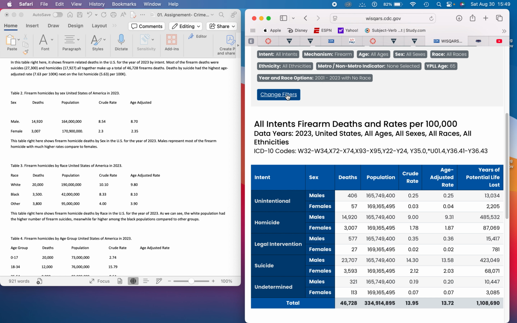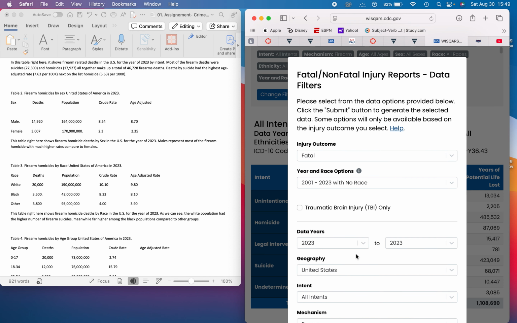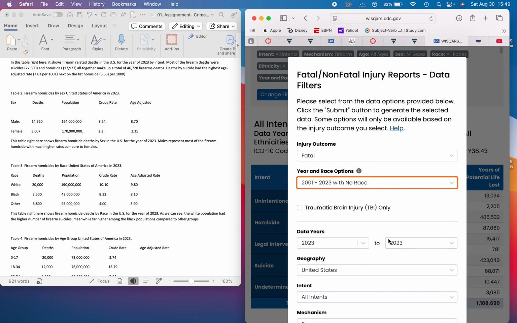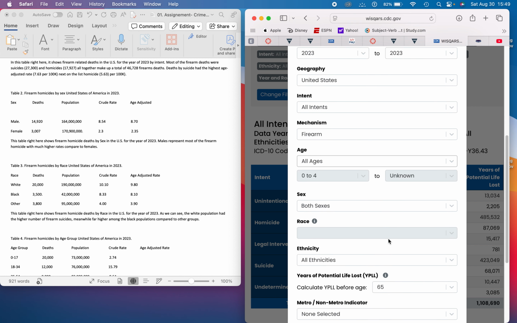And if we're going to change this, we're going to change the filter. We're going to go by race. Okay, race. Let's change it to race.